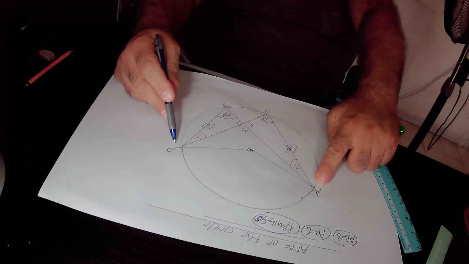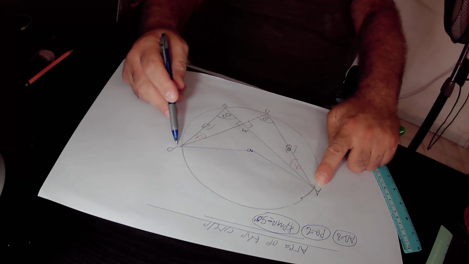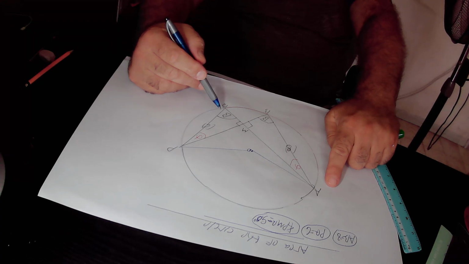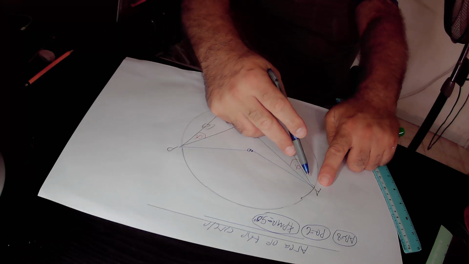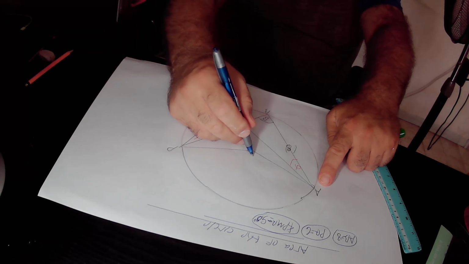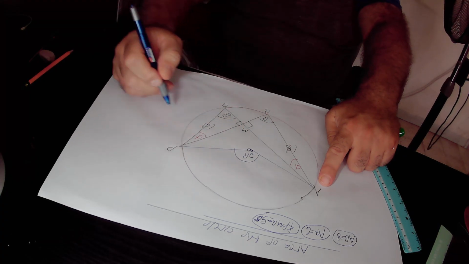And according to rule 13, the central angle AOP, that also subtends on arc AP, must be twice as large as peripheral angle AQP. Peripheral angle AQP equals beta, and therefore central angle AOP must be equal to 2 beta, according to rule 13.